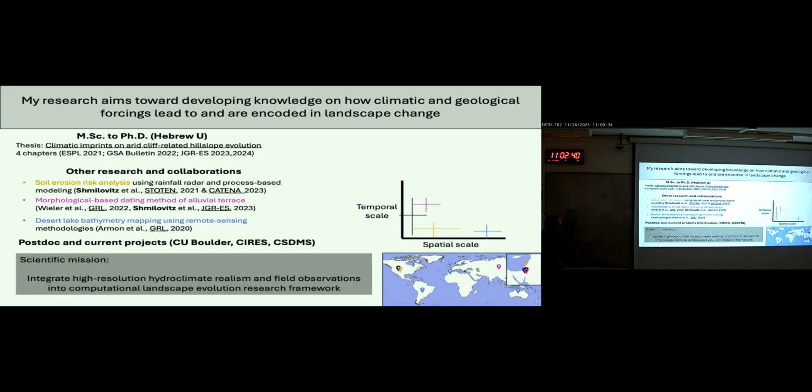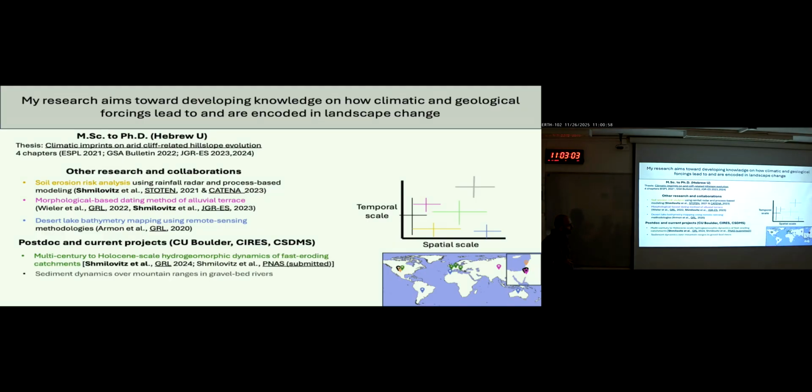And I moved to CU Boulder with the general mission to integrate field perspective and hydroclimate realism into landscape evolution research frameworks. And CU Boulder is actually a very good place to do that, where I'm also integrated within the CSDMS organization. It's a community-oriented organization that's expert in developing numerical models of landscape evolution.